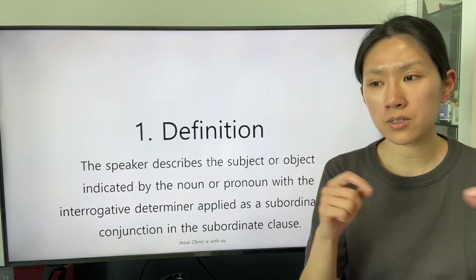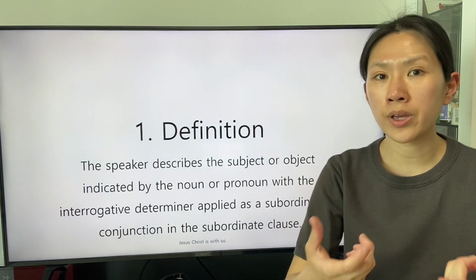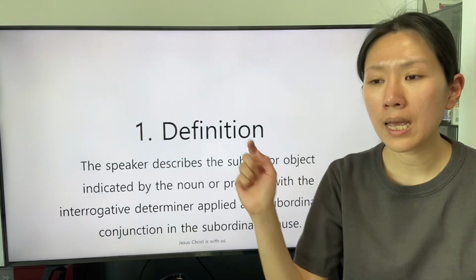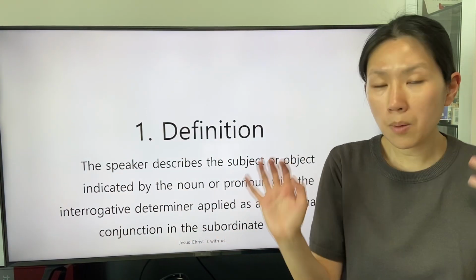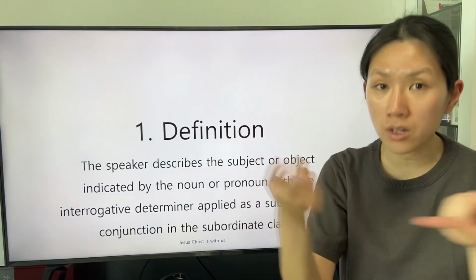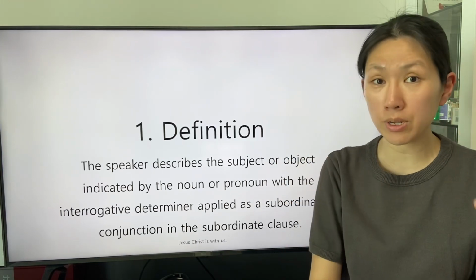The fact that the interrogative clause starts with the interrogative determiner and the noun or pronoun is stated in the subordinate clause means that the interrogative clause is converted to the declarative clause.